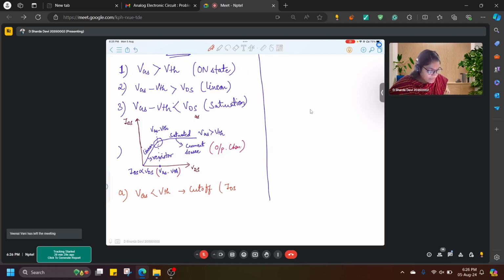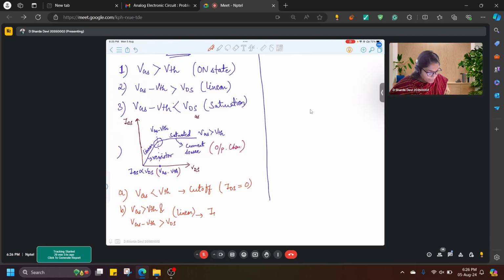Here IDS will be 0. Now VGS greater than VTH and VGS minus VTH greater than VDS: this is the condition for linear.